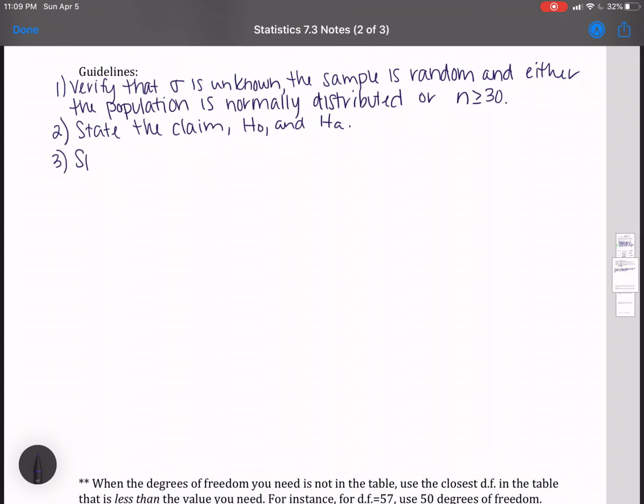Then we're going to specify alpha. Then we're going to identify the degrees of freedom, n minus 1.